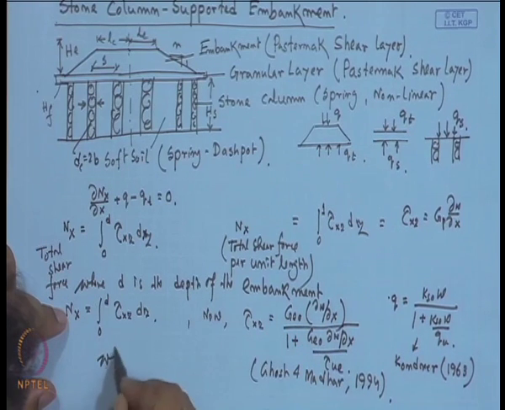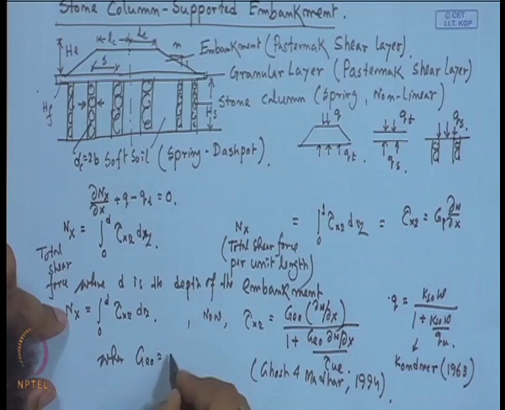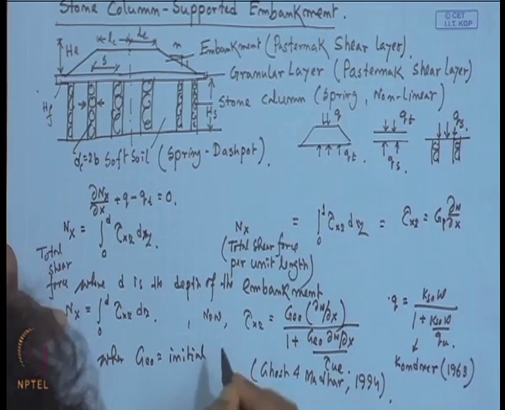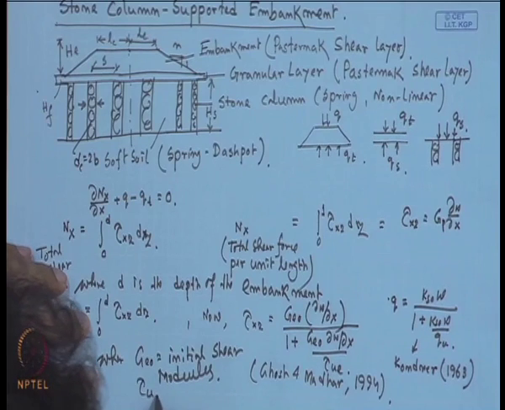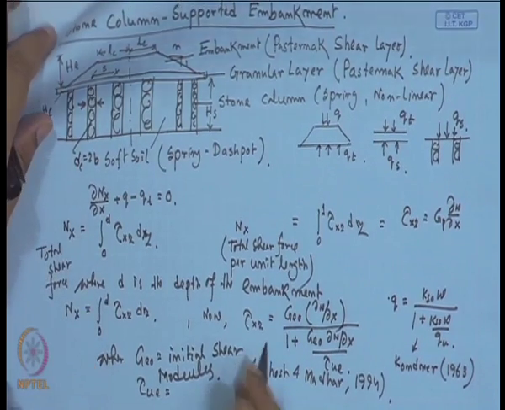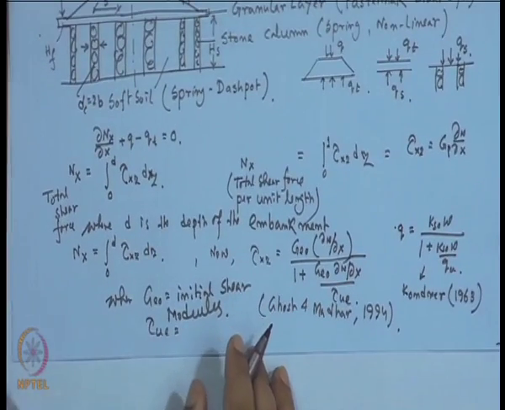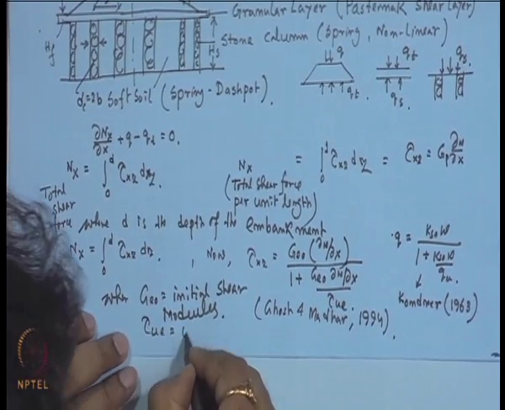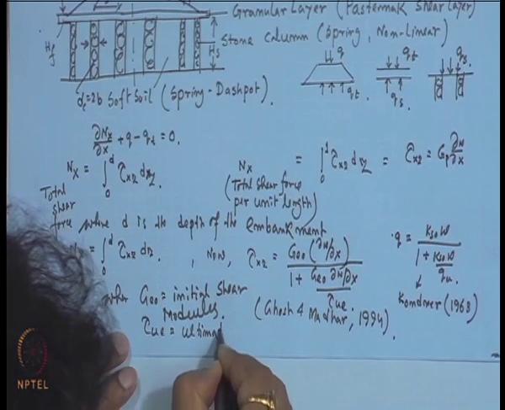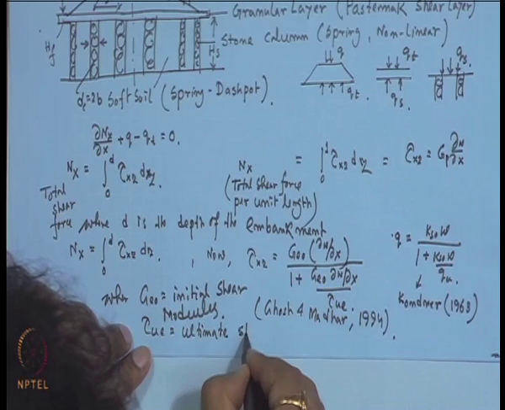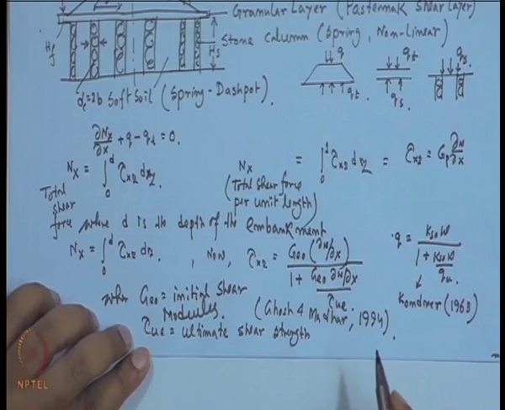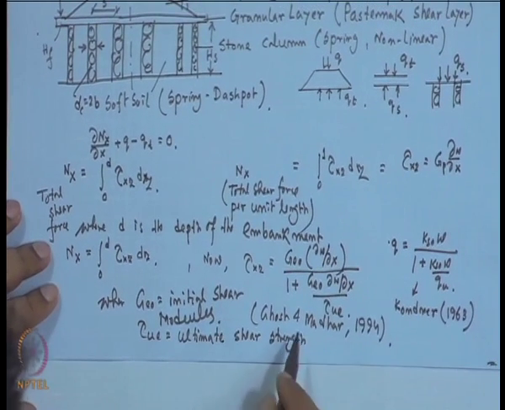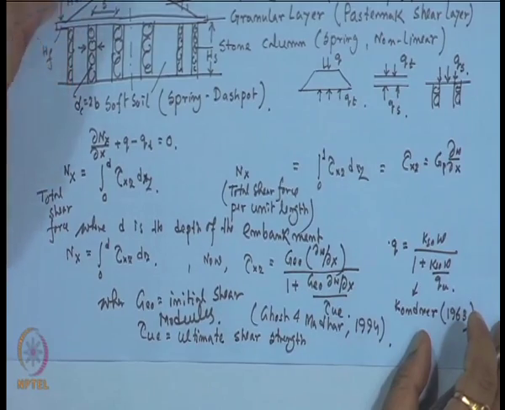Now, if we look at this expression, it is similar to the nonlinear expression, where G E 0 is the initial shear modulus and tau u e is the ultimate shear strength of the embankment material. So, this is the nonlinear expression that we are using.